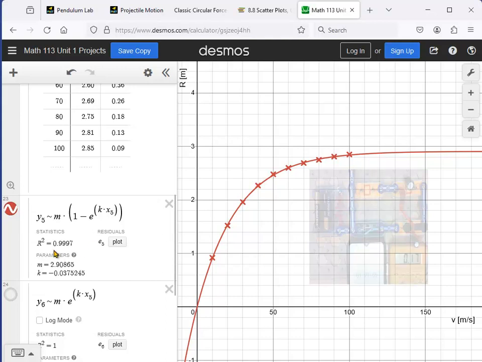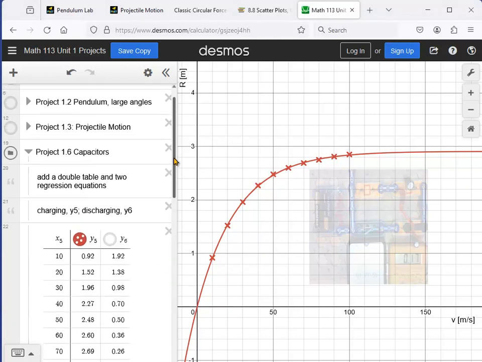Notice the R squared regression coefficient is 0.9997, so still very good, but not perfect. And if you look closely at the data, yeah, they're not exactly on a line, but we can be pretty sure, safe in saying that, yeah, this is the correct equation, the correct curve for these data.